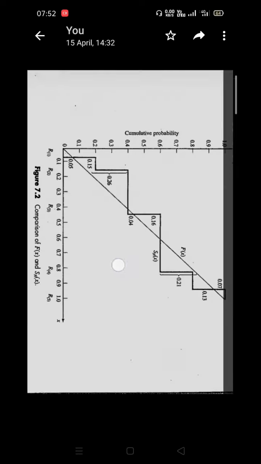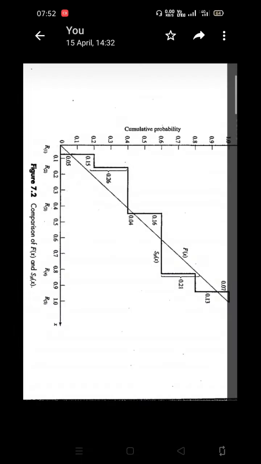Similarly, check for the next value. For the second random number R2, we have a d plus value of 0.26 and there is no d minus value. Try to understand. In the lower part there is nothing; in the upper part the displacement or deviation should be 0.26.